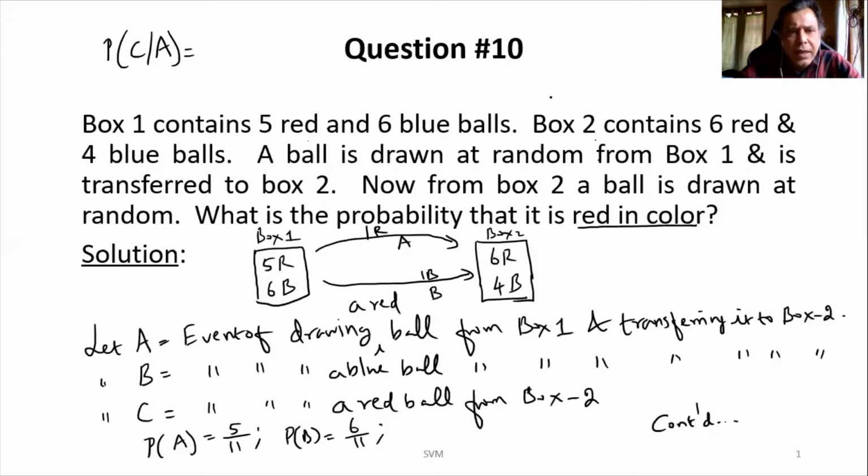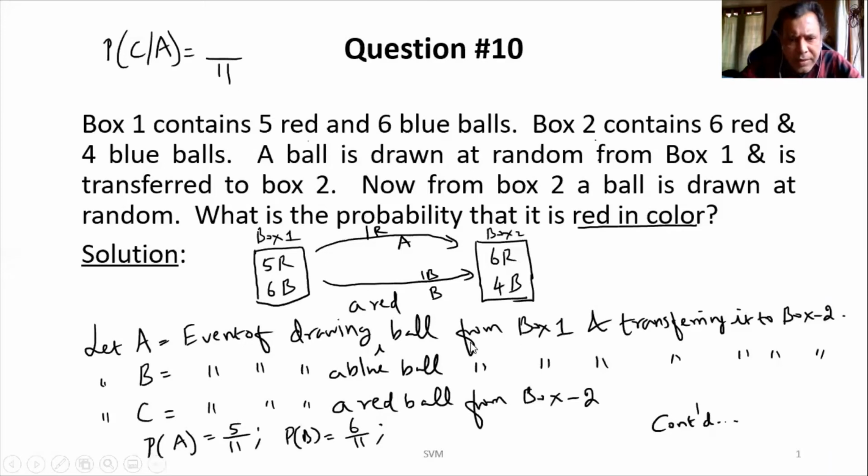Then choosing a ball from the box, you want that to be a red ball. When I do this event A, one red ball is coming here and increasing the number of balls here. Earlier it was 10 balls, now that will become 11 balls. So the denominator is 11 only.